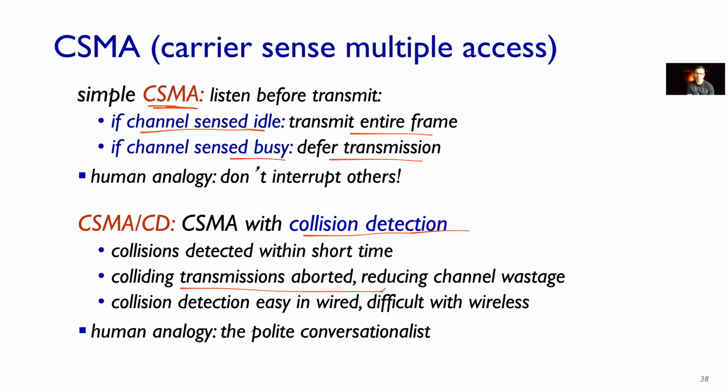Now, mind you, this is much easier to do in wired networks and it's much more difficult in wireless networks, right? The reason being that in wired networks, the signals are all confined to the physical link. So it's easy to design hardware to do those signal measurements I was talking about.